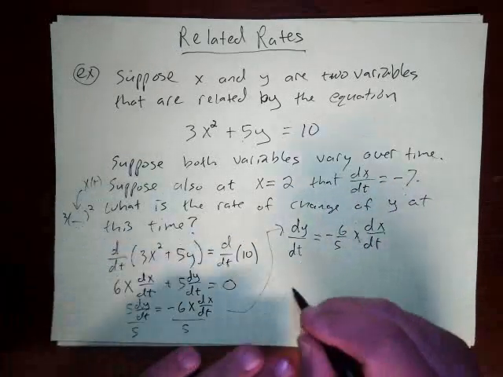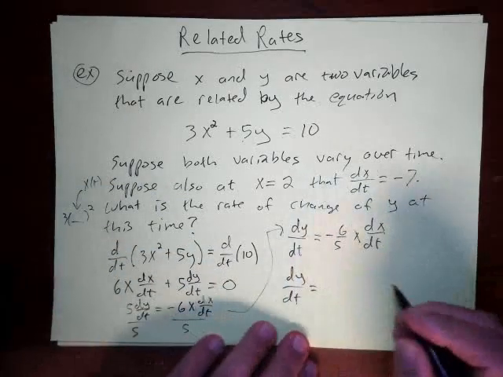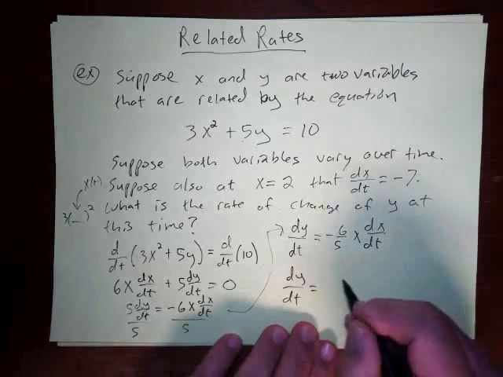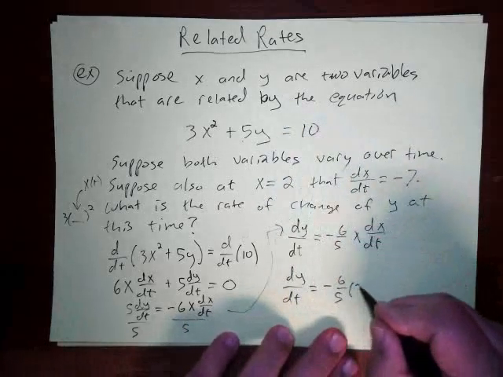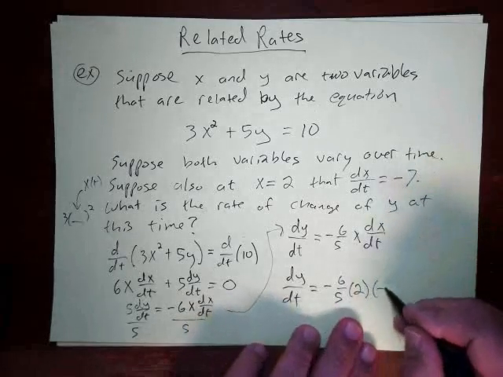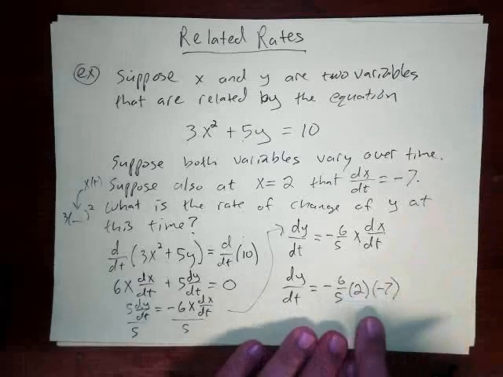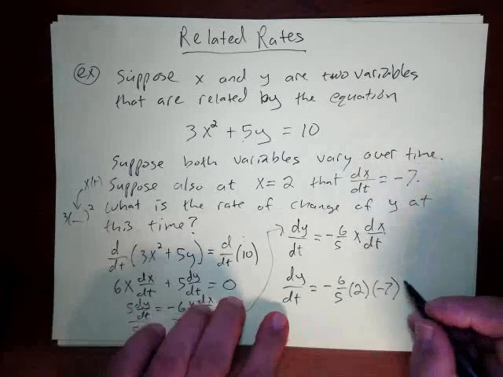And so what I'm going to do here is plug those in. So this is -6/5 at 2, so I plug in 2 for the x, and then for dx/dt I plug in -7. And so now I can calculate the dy/dt.